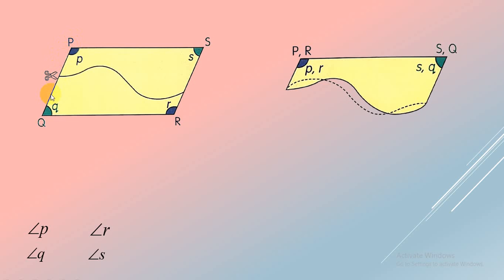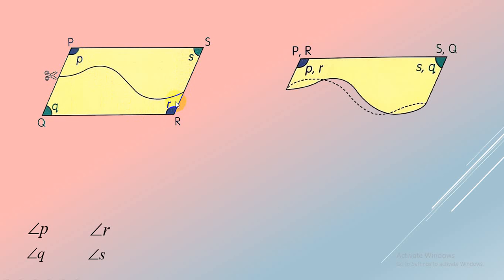Remember, line PQ is equal and parallel to line SR. And then line PS is equal and parallel to line QR. Great job. And then we write the names of the angles in parallelogram PQRS as well as the two pairs of parallel sides. This one, angle P, Q, R, and S.